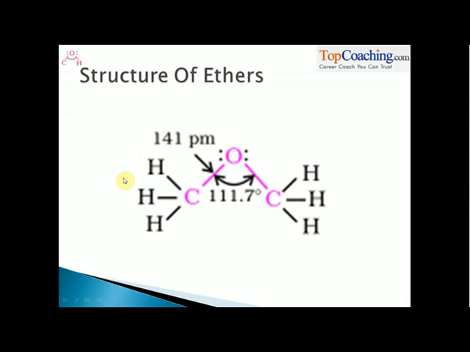This is one R group, this is another R group, and we have an oxygen over here. The bond length is 144 pm and the bond angle is around 111.7 degrees, and this is how a typical dimethyl ether looks. We will read about their preparation, their physical properties, chemical properties and so on.